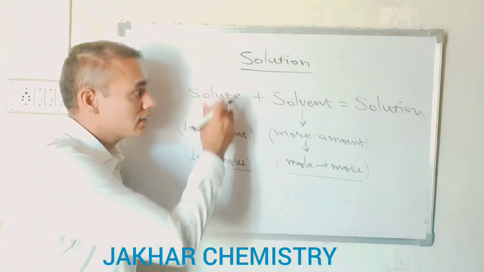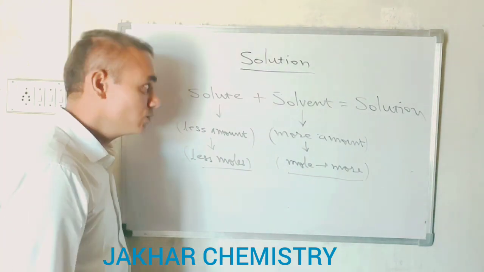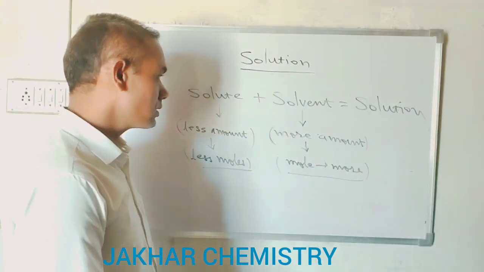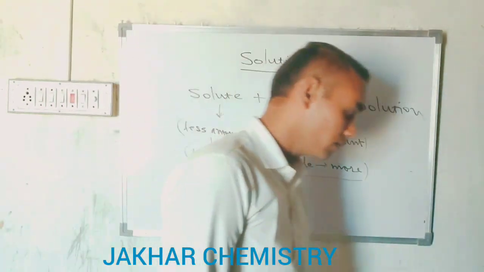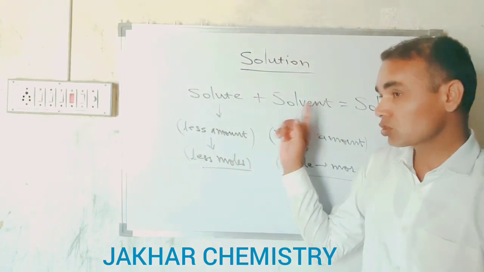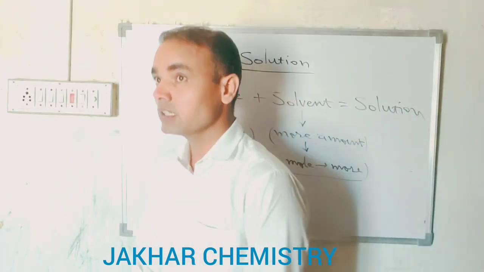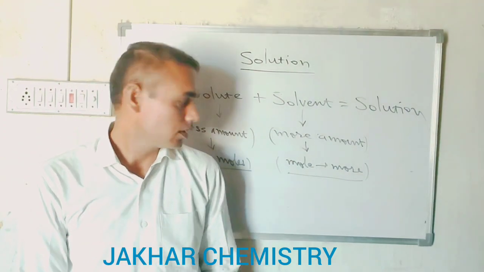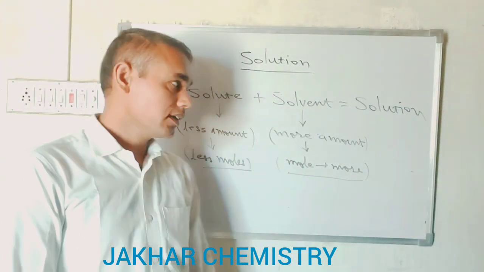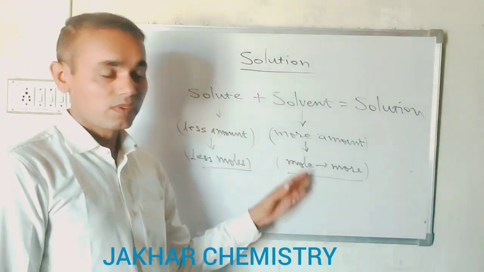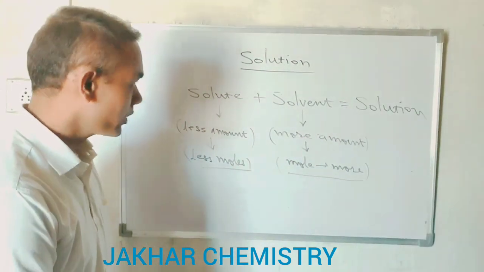In such a case, you have to check the physical state of both components. If both components are having different physical states, then the solvent will be the component which has the physical state similar to the solution. And if the number of moles are different, then we can see by number of moles the solvent component and solute component.